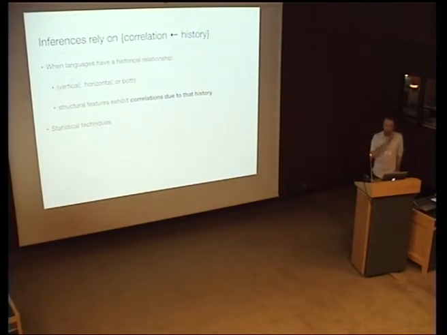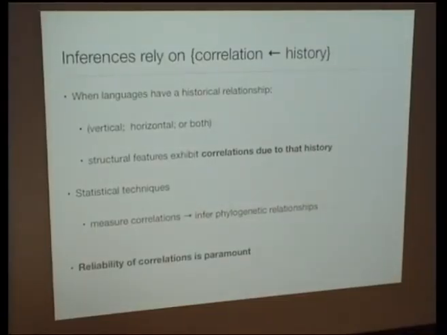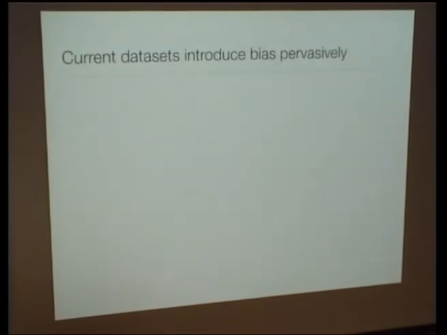Statistical techniques follow assumptions dictated by the researcher and then objectively measure those correlations in order to infer phylogenetic relationships. Therefore, correlations are the empirical heart of the science, and the reliability of those correlations as a true reflection of history and not of something else is paramount. Now, history, of course, creates noise as well as signal, and that's fine.